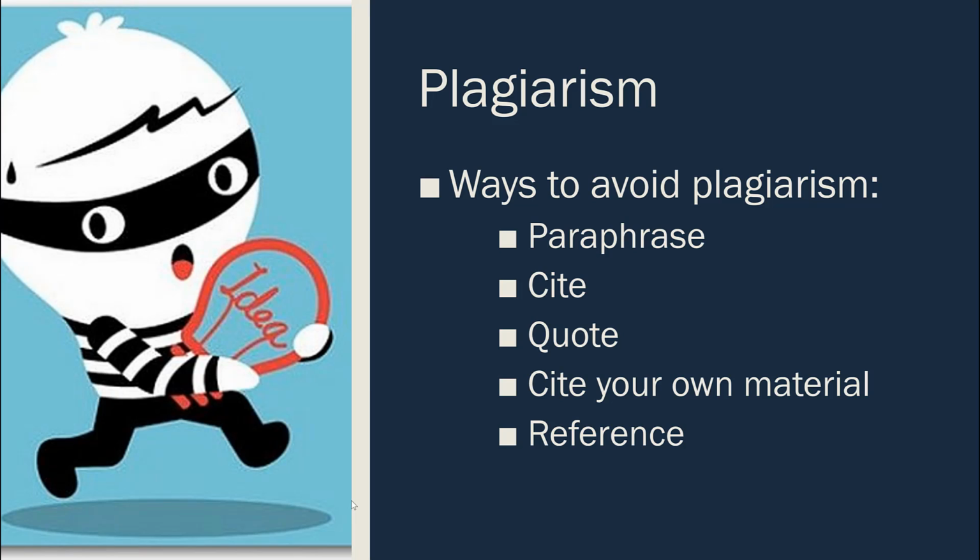So anytime that you use someone else's work, make sure you include the last name and date in parentheses, what we call an in-text citation. Then include the full citation in the reference page at the end of your paper. Again, if you're not sure how to do this, use the Purdue OWL Online Writing Lab, which has all the information you could ever need to make sure you're citing everything correctly.